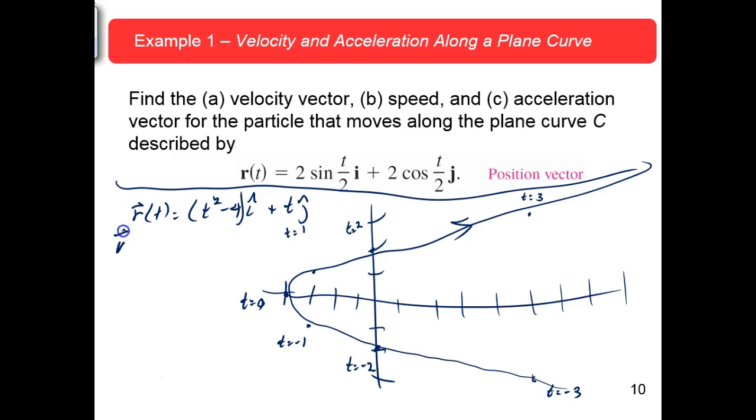So the velocity vector is r prime at t, and what would that be? Not that hard. Derivative of the i component, t squared, is 2t i.